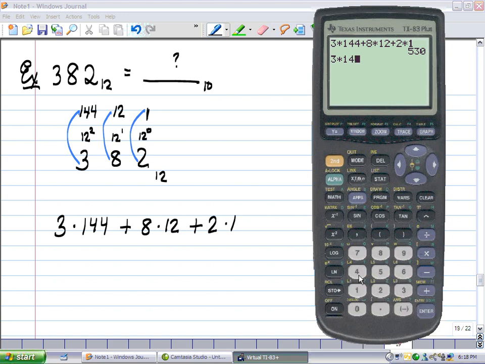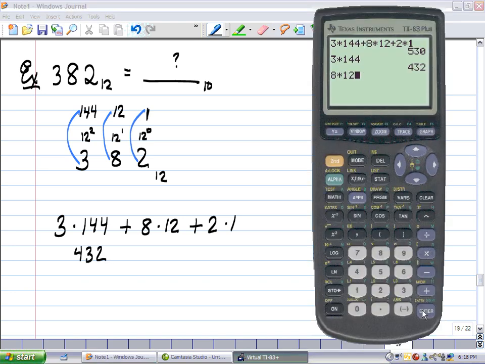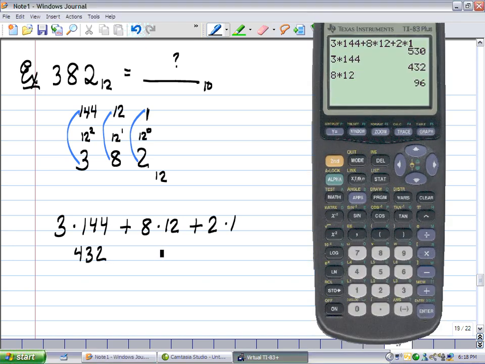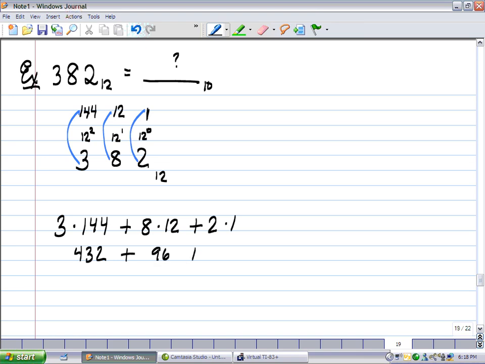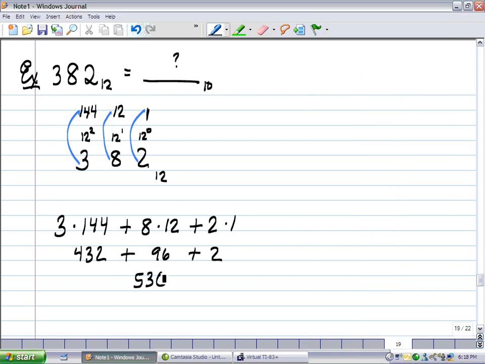Three times 144 is 432. 8 times 12, 96. And I should get the same thing if I add these. 432 plus 96 plus 2, 530. So 382 in base 12 is the same as 530 base 10.